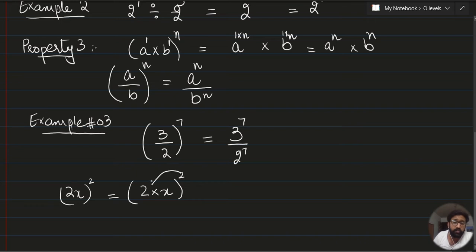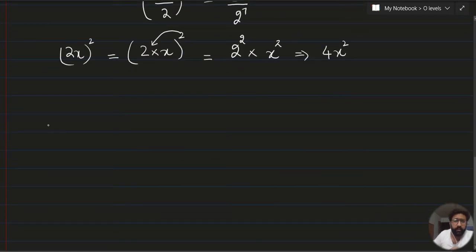So this 2 is not just going to come on top of x, which we usually do as a mistake, writing the power only on top of x, but it is going to come on top of 2 and it is going to come on top of x as well. So it is going to become 4x square. I hope it makes sense to you all.